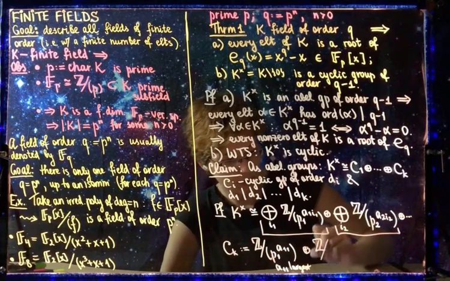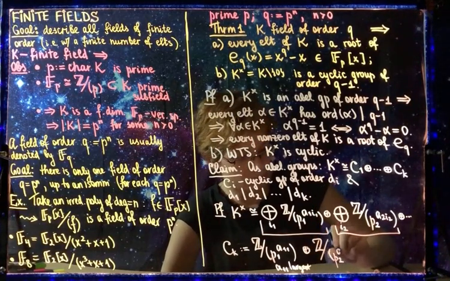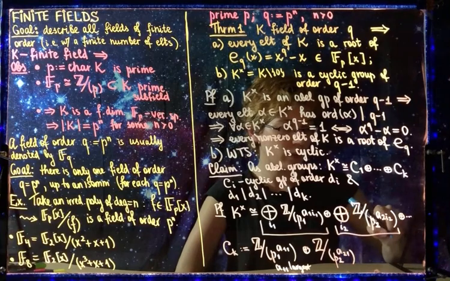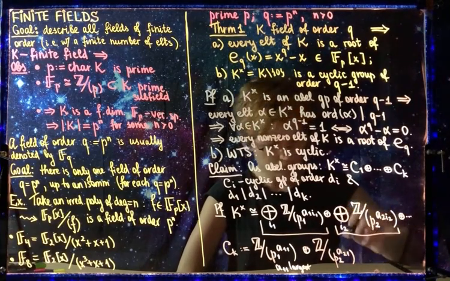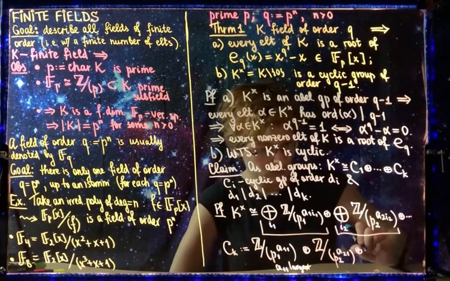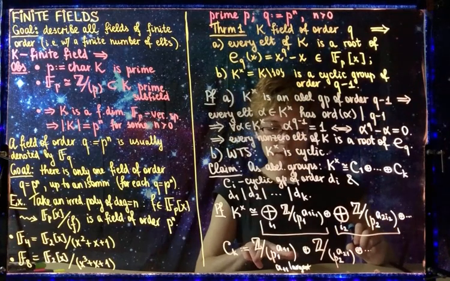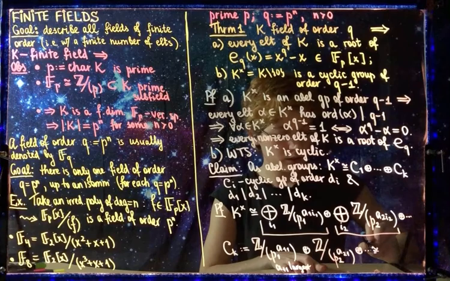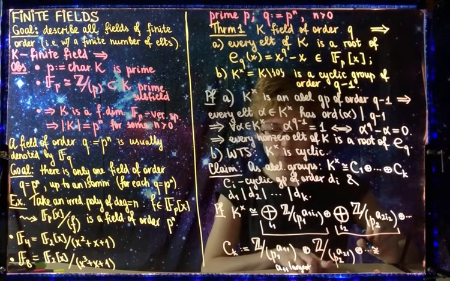And I take Z mod P2 to the power A21, where I assume that A21 is the largest among these powers, A2i, etc. And since all of these primes are distinct, they are also mutually coprime.